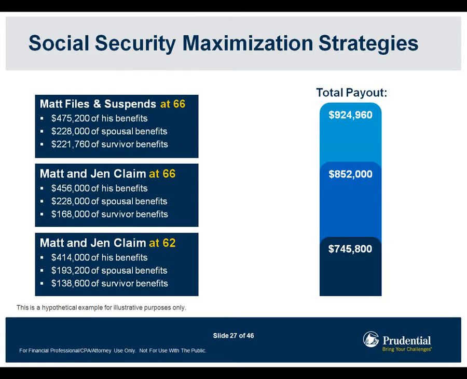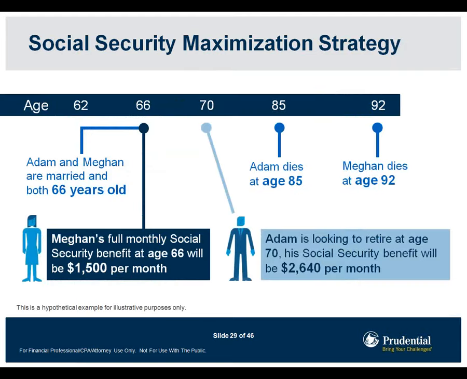And if they took advantage of this little-known strategy called file and suspend, they'll receive $924,000 from the system. Again, this strategy works very well when you have one spouse with a much larger Social Security benefit than the other spouse. What about where you have two spouses with similar or near equal benefits?